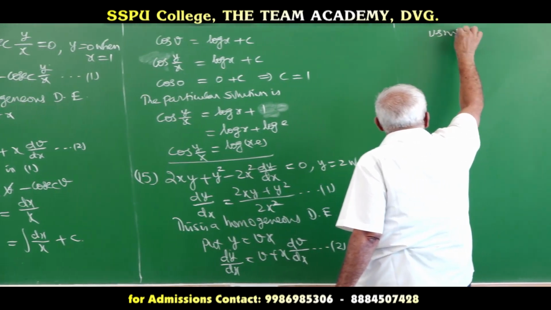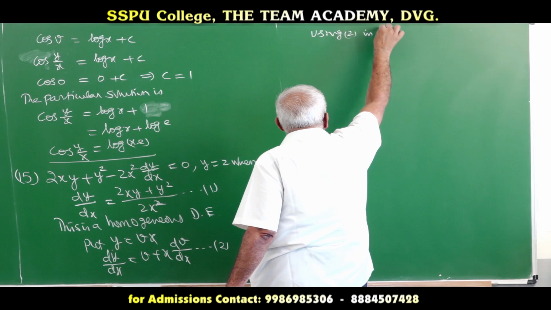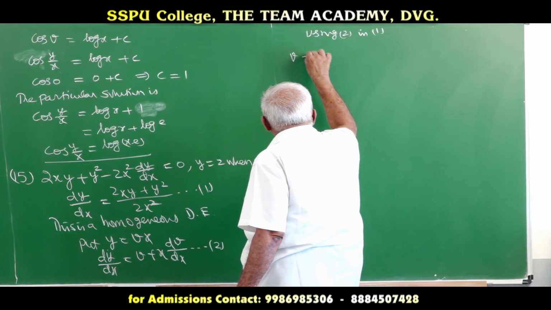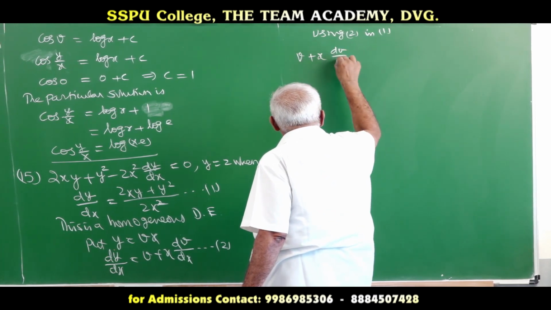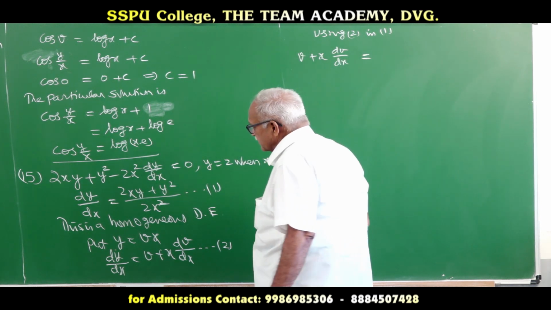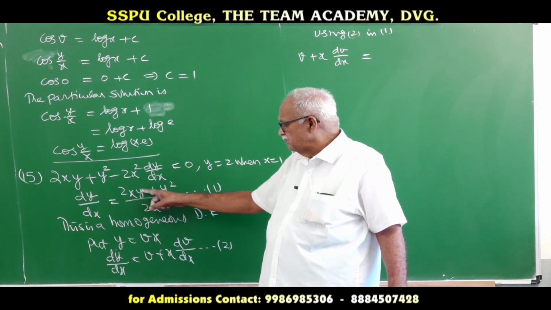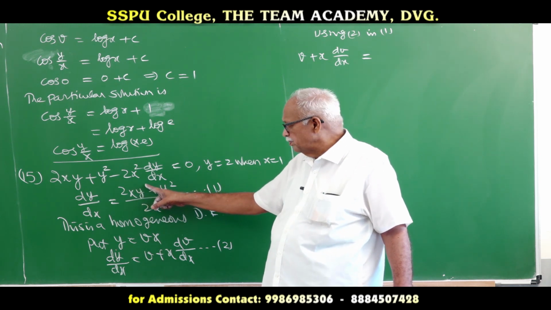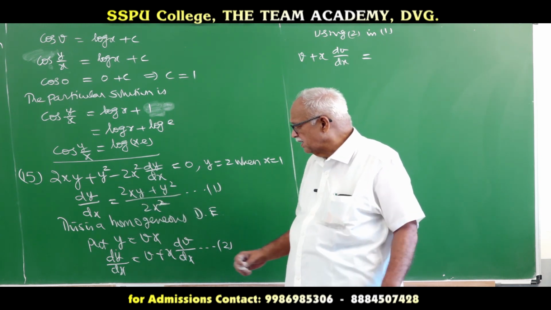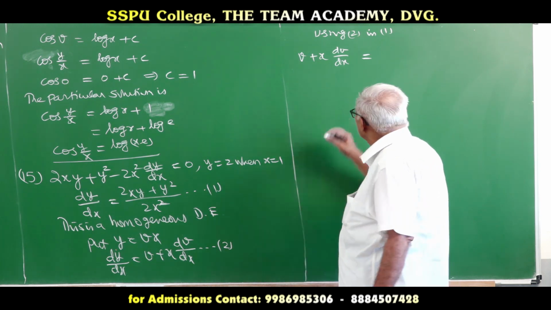Using equation 2 in equation 1, v plus x dv by dx. See how I am going to do this. Here Vx will be there, so 2V will be there and V square will be there, nothing else.